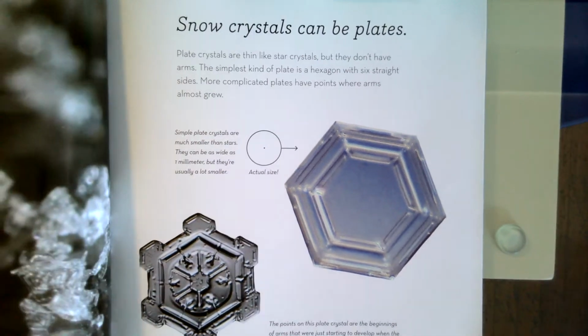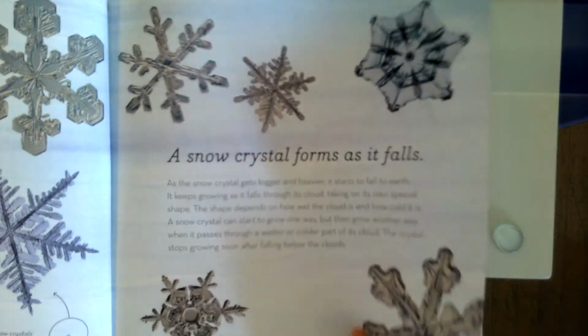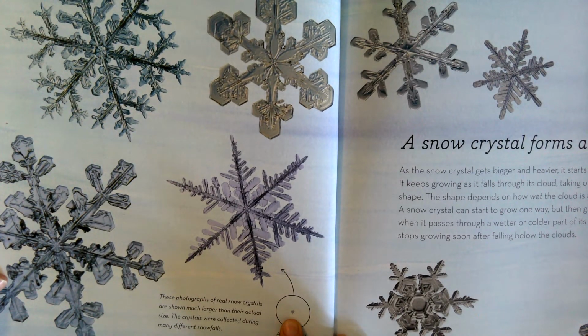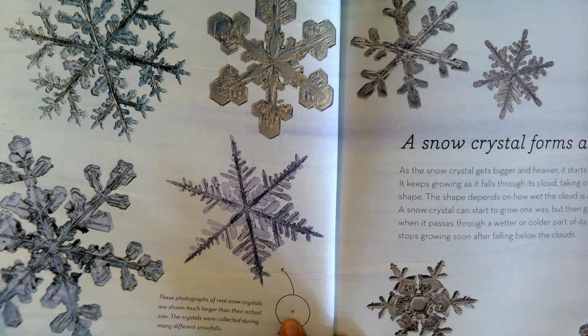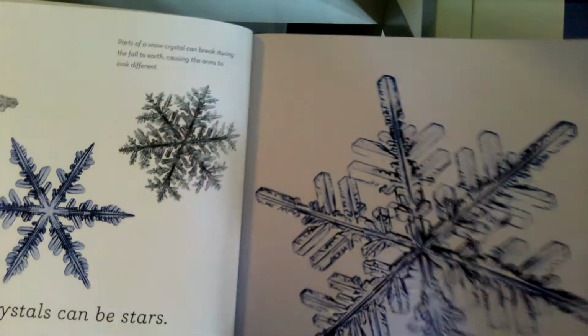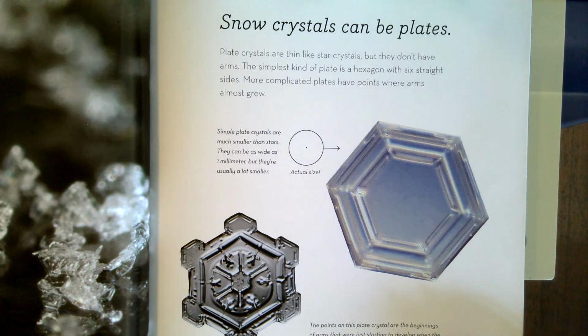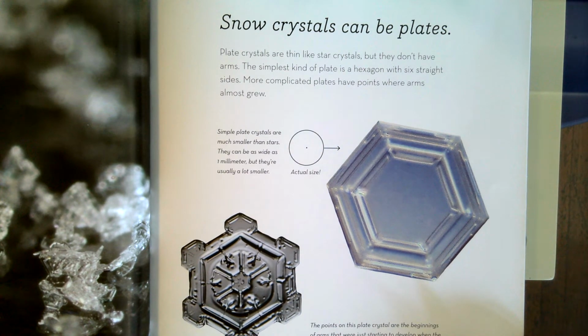Oh, they are. Let me compare. Oh, okay. It is a lot smaller. These are the star ones. Oh my goodness, it's super tiny. That's the plate one. Simple plate crystals are much smaller than stars. They can be as wide as 1 millimeter, but they're usually a lot smaller.